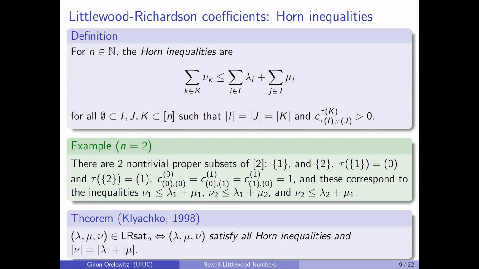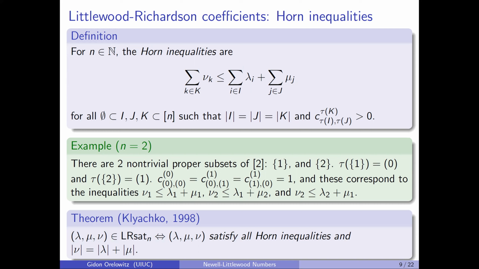So you get this interesting recursive structure, where if you're given a triple of partitions and you need to figure out if this is a Littlewood-Richardson triple or not, you first have to see whether it satisfies all the Horn inequalities. But how do you generate the Horn inequalities? By knowing smaller Littlewood-Richardson triples.